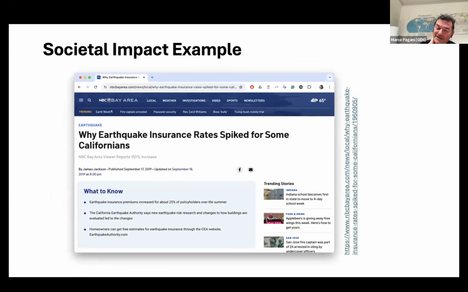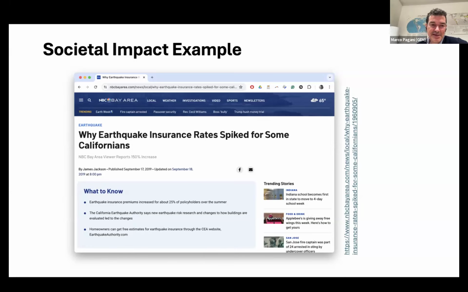Going back instead to the societal impact in peacetime, something that I found very interesting is this paper that was published in 2009 on this NBC Bay Area website, a website for the area of San Francisco.